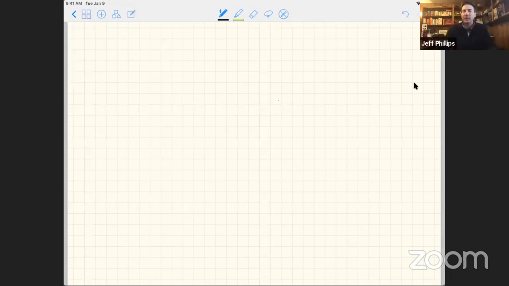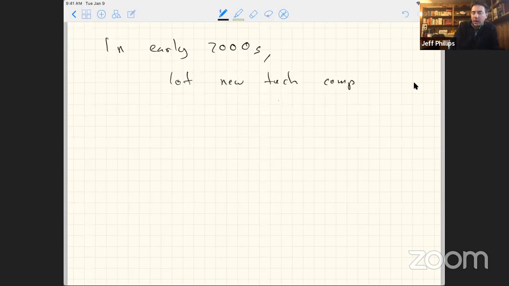To give some context, a lot of you for your projects are looking at these data sources which have been placed online. In the early 2000s, there were a lot of these new tech companies, and they were doing well, and they were the first to really automate the collecting of data of people.